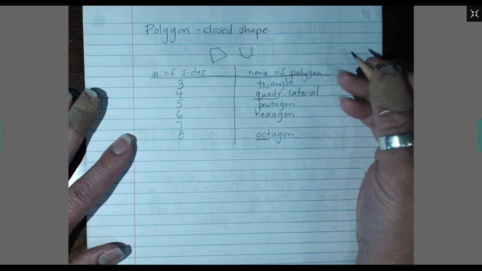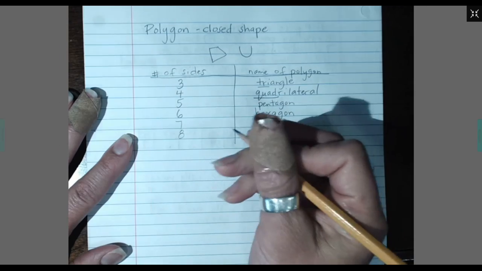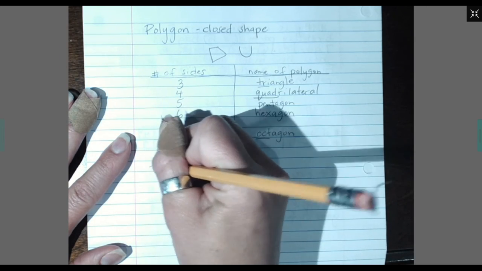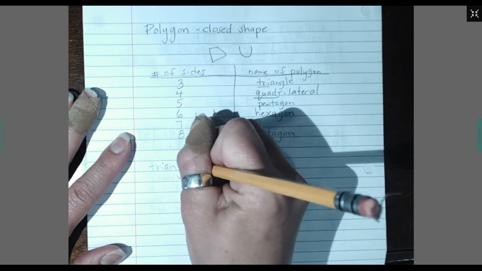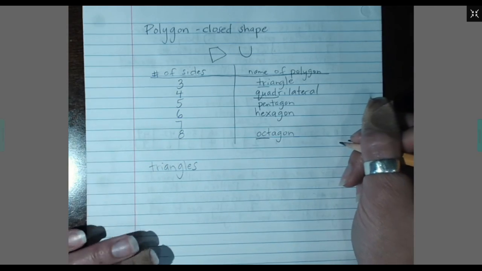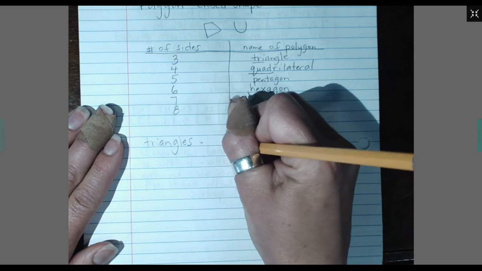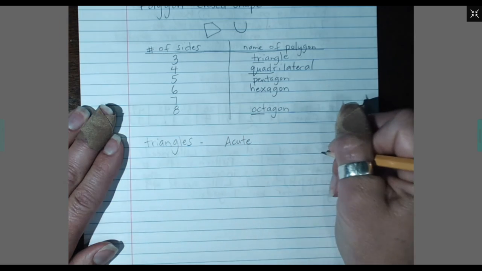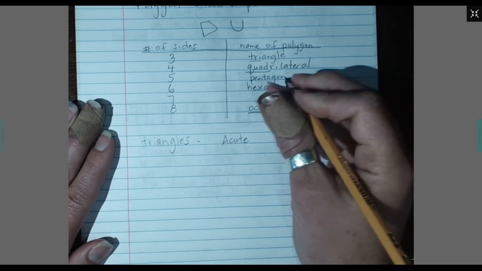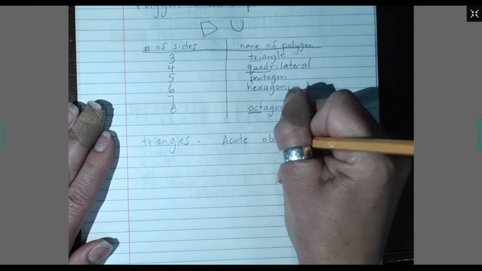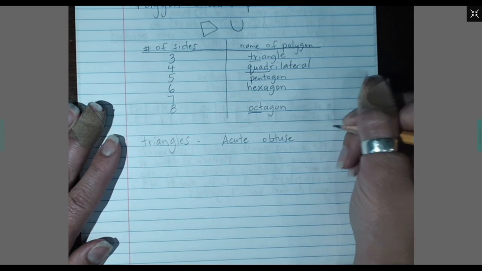But now let's focus on different types of triangles. So there are 3 different types of triangles. There are acute triangles. There are obtuse triangles.